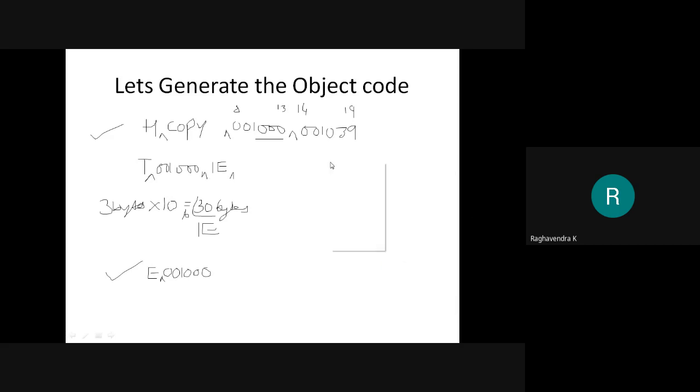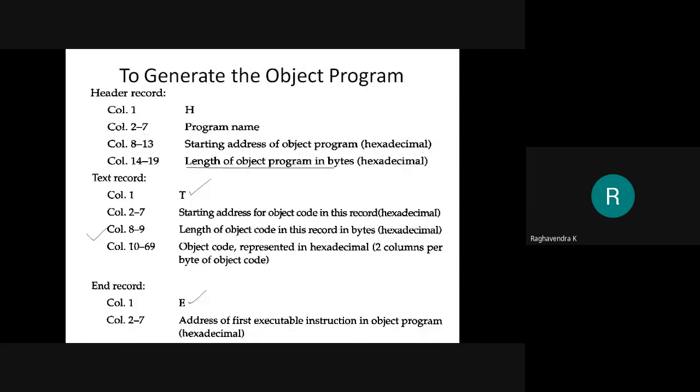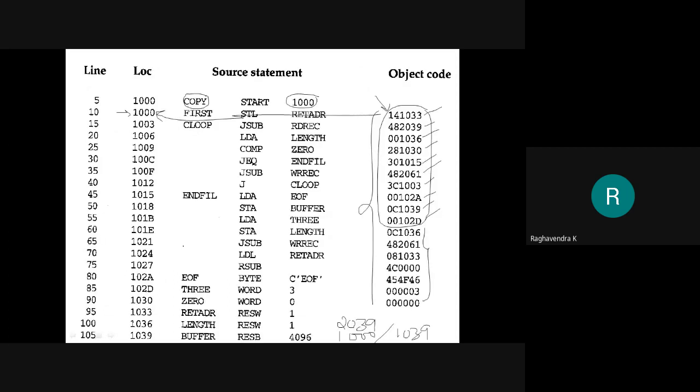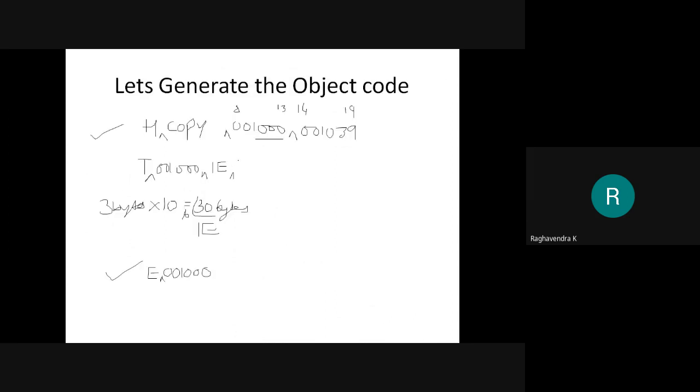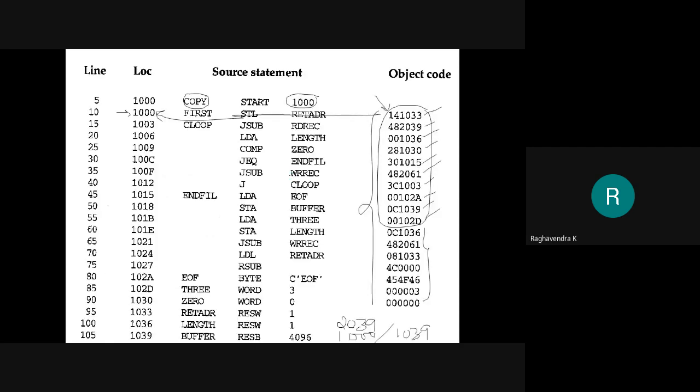First part I have written, second part I have written. Let us look at the third part. From column number 10 to 69 we have object code. We are supposed to put the object code, that's it. So what is the first object code? 141033. This is my first instruction. I'm just writing it down. Next instruction is 482039.